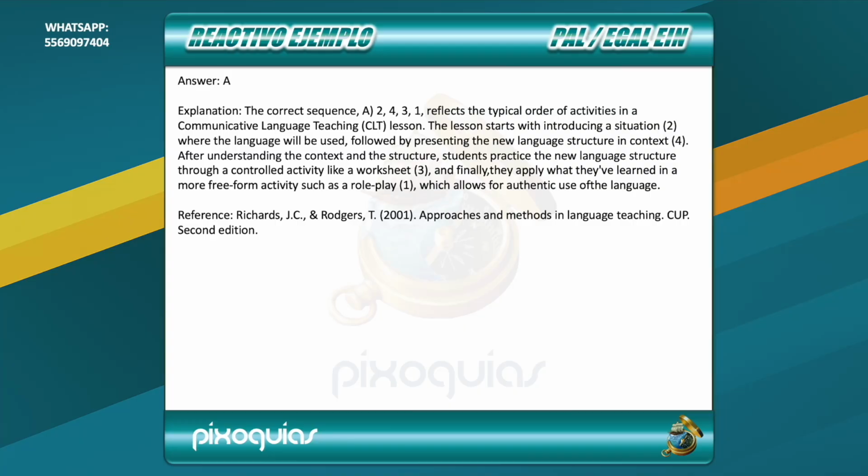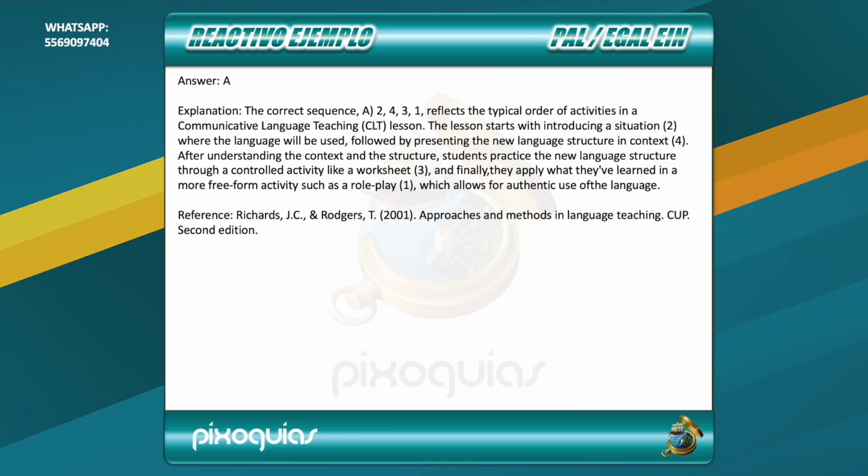Let me explain. The correct sequence, A, reflects the typical order of activities in a CLT lesson. The lesson starts with introducing a situation, which is 2, where the language will be used, followed by presenting the new language structure in context, which is 4.